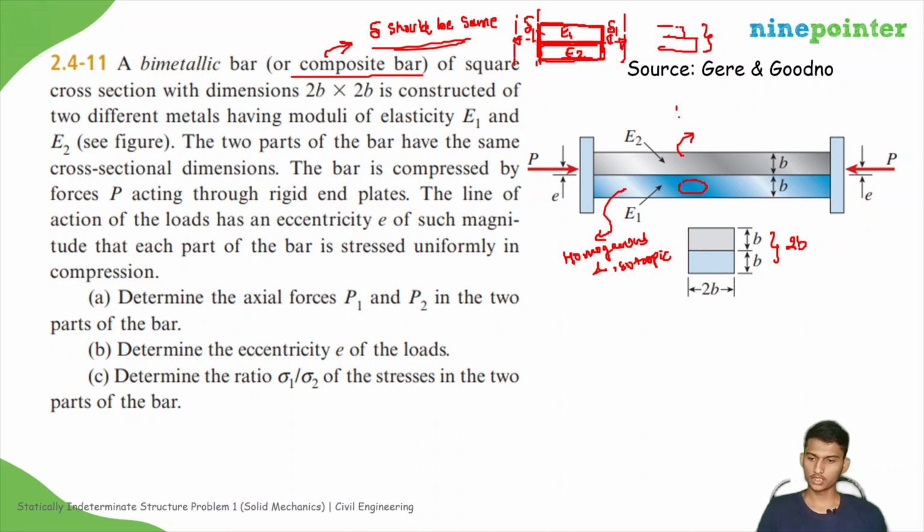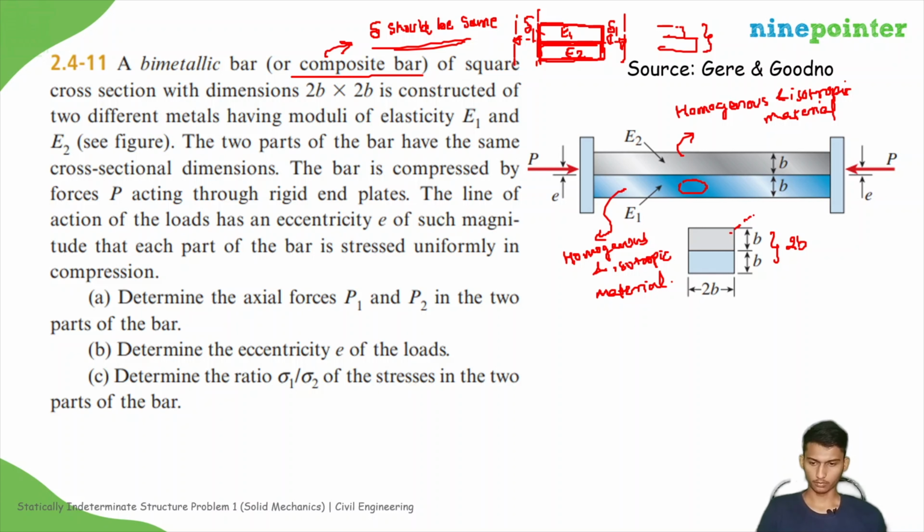So this is also homogeneous and isotropic with modulus of elasticity E2. Okay, so the two parts of the bar have the same cross-sectional dimensions.